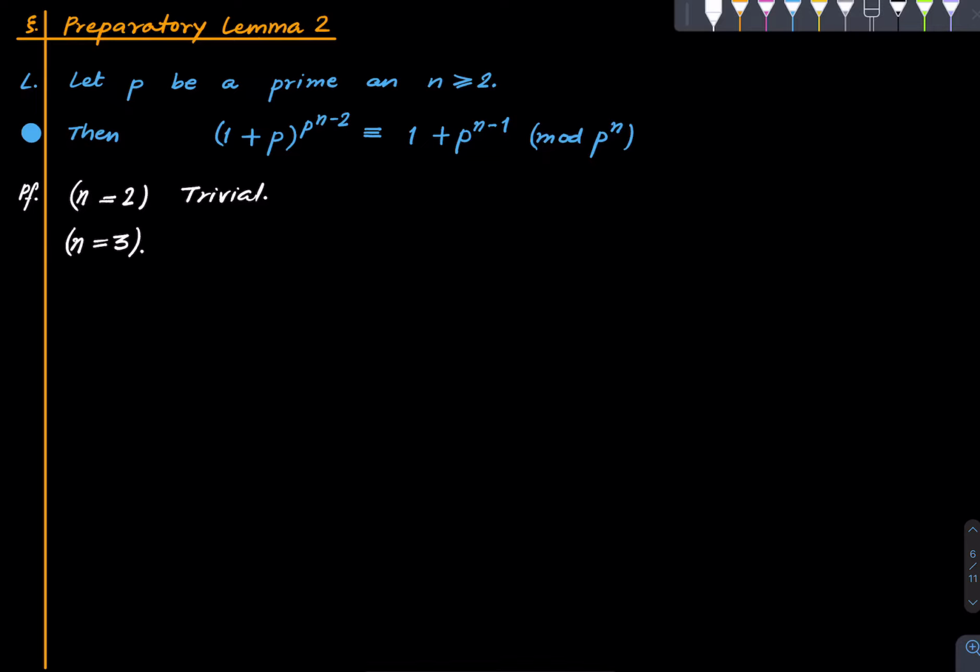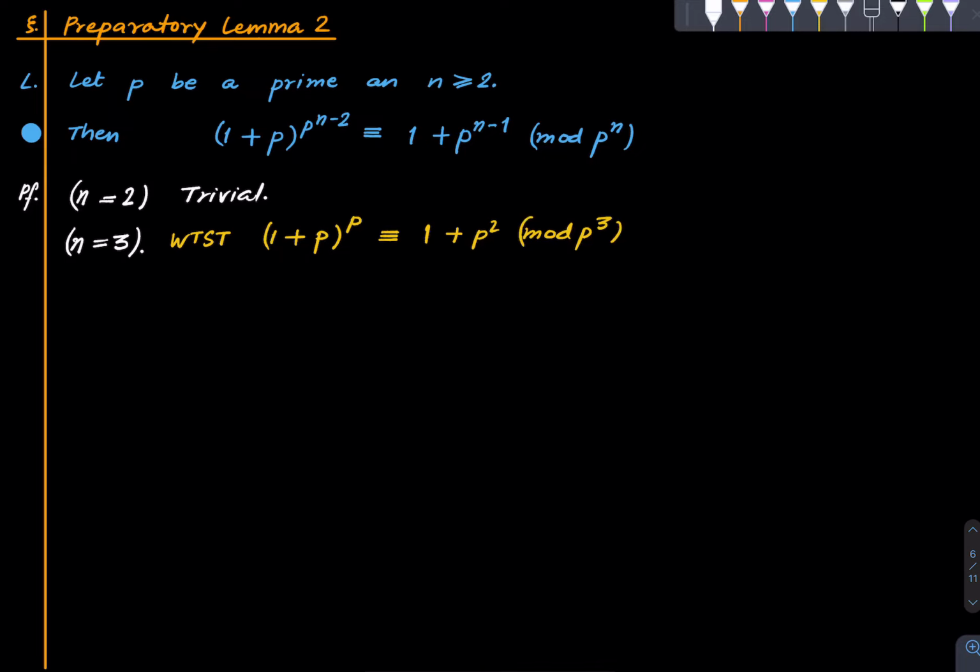For n equals 3, we want to show that 1 plus p to the power p is congruent to 1 plus p square modulo p cube.